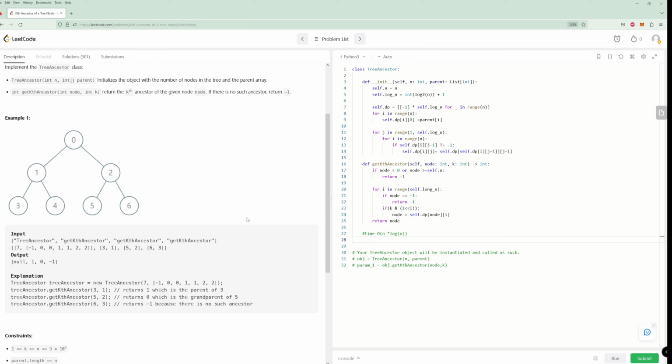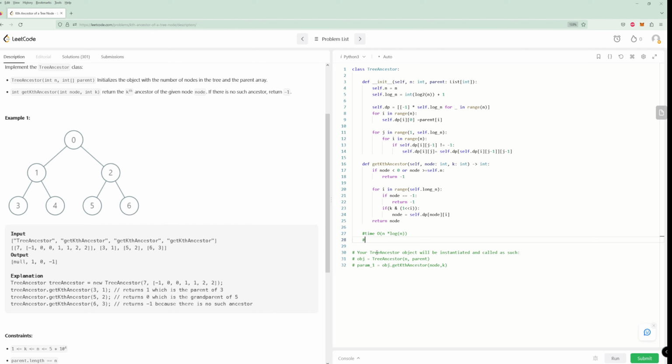And so that is going to be our time complexity. And then for this kth ancestor thing, it's just going to loop k times maximum. And so that would just be n, because k is guaranteed to be less than or equal to n. So this is going to be the thing that actually matters in our time complexity. This is going to be faster.